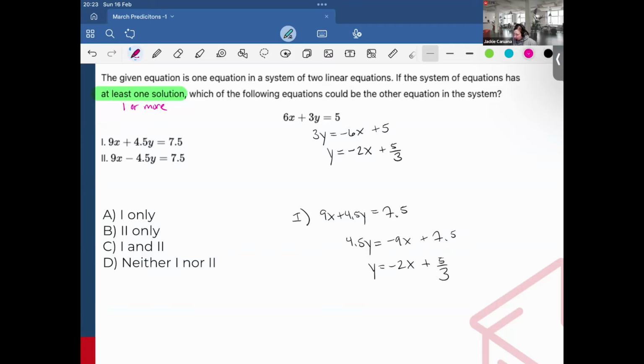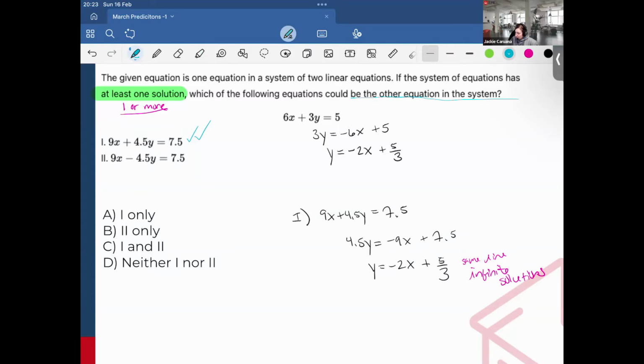So option 1, it's the same line, but be careful with this because it says one or more solutions. This means it has infinite solutions. That classifies as at least one solution. So therefore, option 1 works. So that could be the other equation in the system.